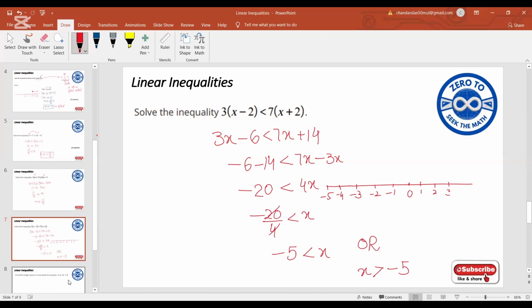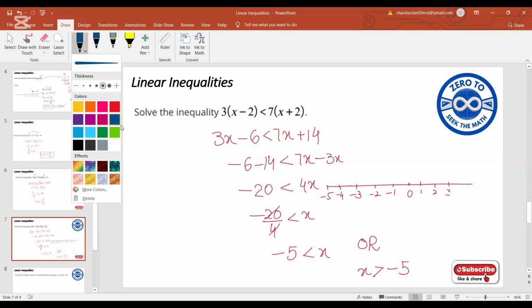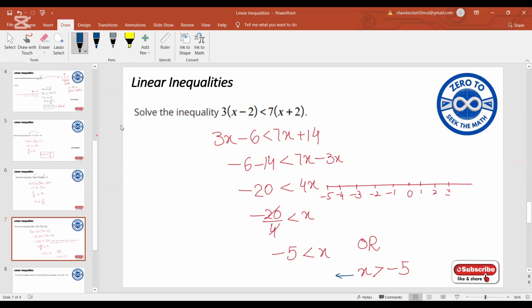In this one we're going to use the unfilled circle, because it is a strict inequality, so an unfilled circle will be used. Where will the unfilled circle be? Here. And x is greater than -5. That means we need the values which are greater than -5, and -5 is not included. The unfilled circle tells us that -5 is not included. I hope this will be the best way to complete the concept of inequality and the number line too.